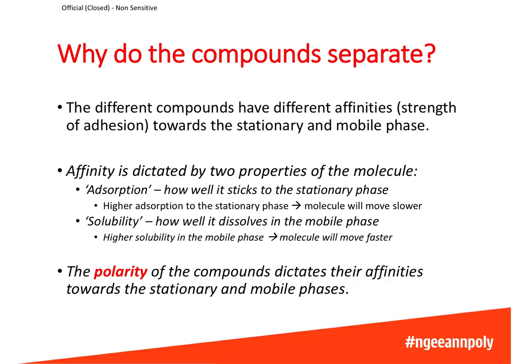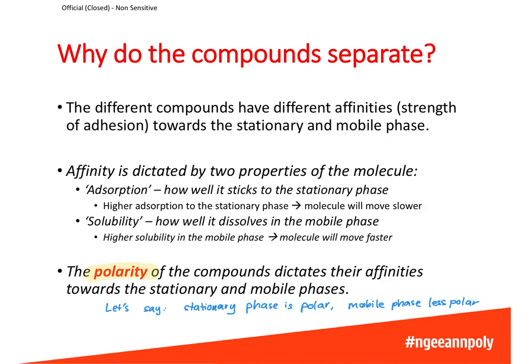But then what is it that causes the compound to prefer the stationary phase or the mobile phase? It is really the polarity of the compounds that is responsible for this. You probably have heard of the term like dissolves like. So let's say we have a polar stationary phase and a non-polar or less polar mobile phase.